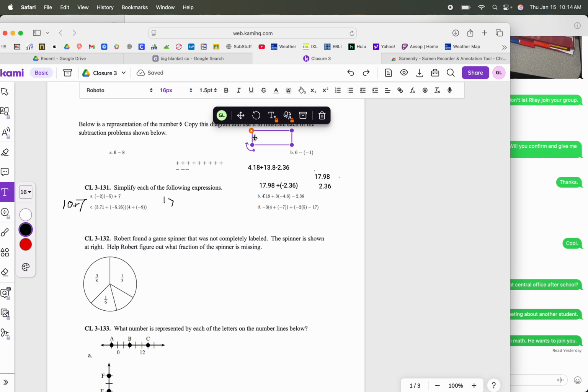So now since I've got 2 negatives, I can combine 13 and 8/10. We're combining negatives, so I'm going to add. Plus, we said it was a negative 2 and 36/100ths.